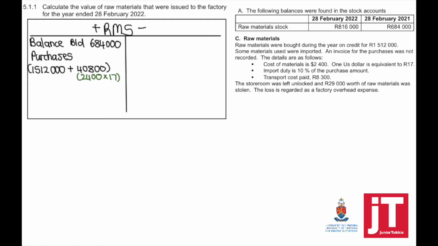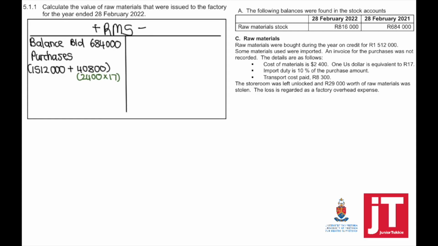The details are as follows. The cost of materials is $2,400. $1 is equivalent to 17 Rand. Import duty is 10% of the purchase amount. Transport cost is 8,300. So this means this has been omitted and we now need to add it.